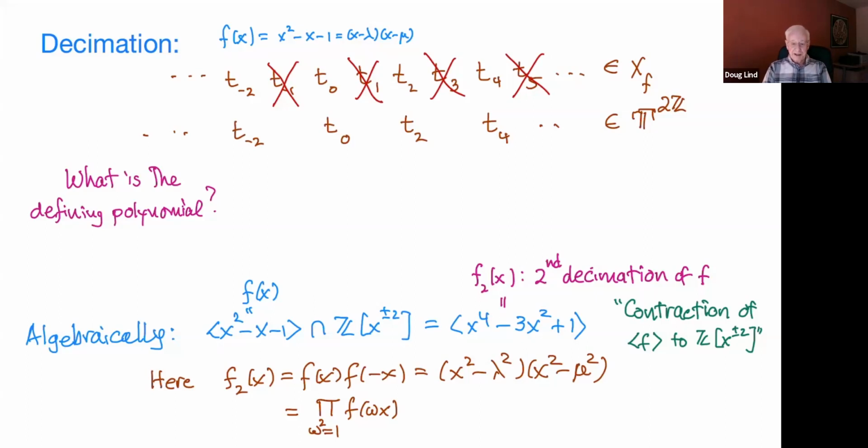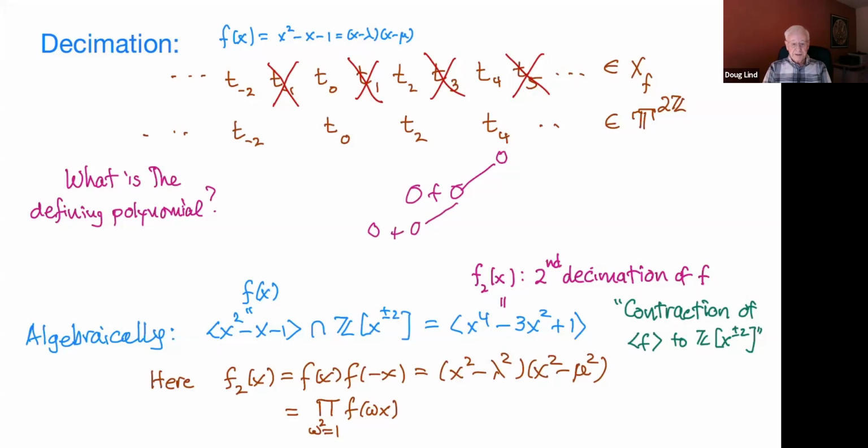Well, let's see if we can figure it out. Let's see if we can get T4 as a combination of T2 and T0. Well, we know that T4 is T3 plus T2. But that's not the complete answer because we've got an odd coordinate there. We've got T3, but we know T3 is T2 plus T1.